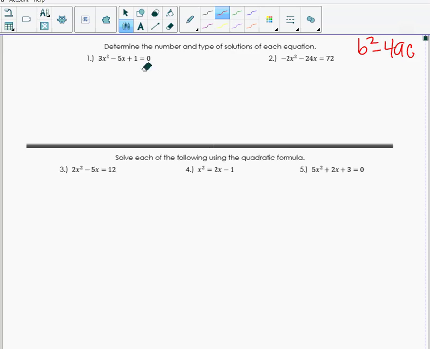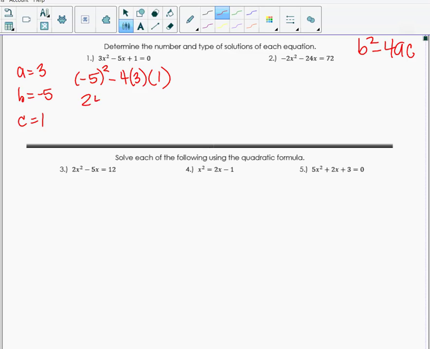Okay, here we're already in standard form. So I know that a is 3, b is negative 5, and c is 1. Okay, so b squared minus 4ac is negative 5 squared minus 4 times 3 times 1.